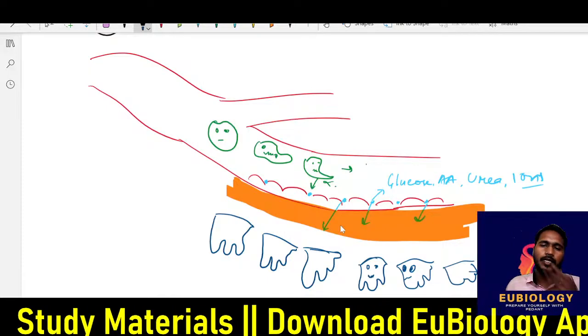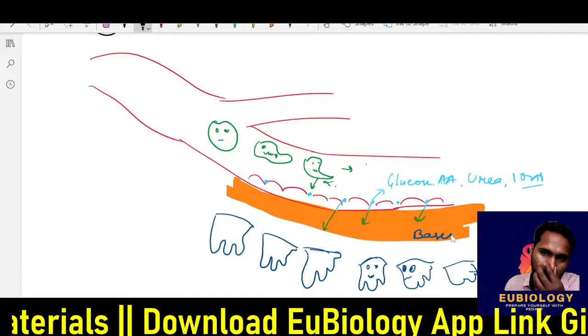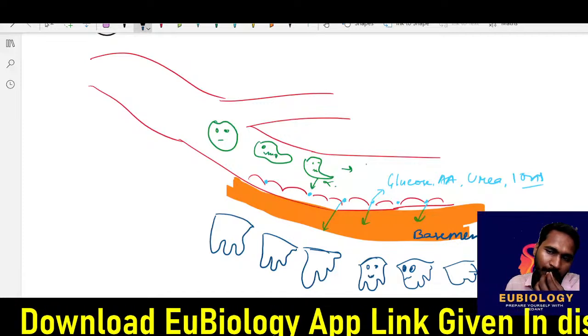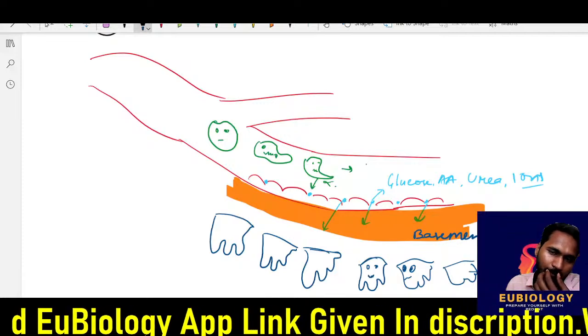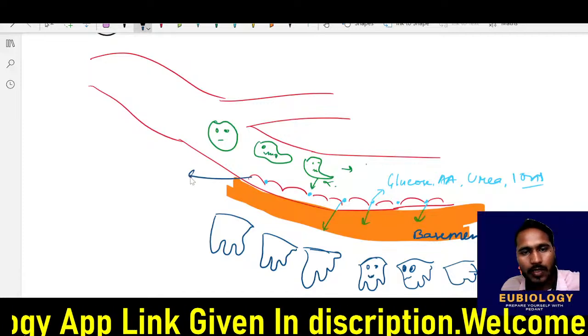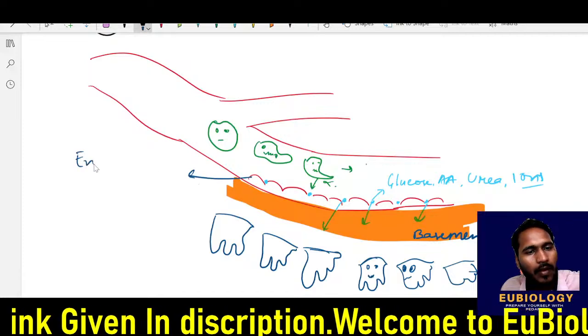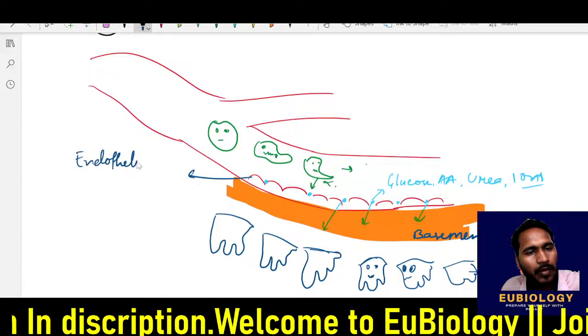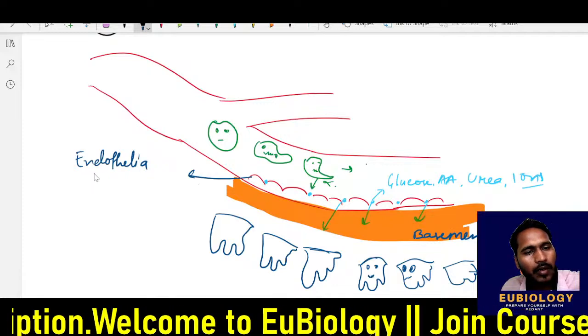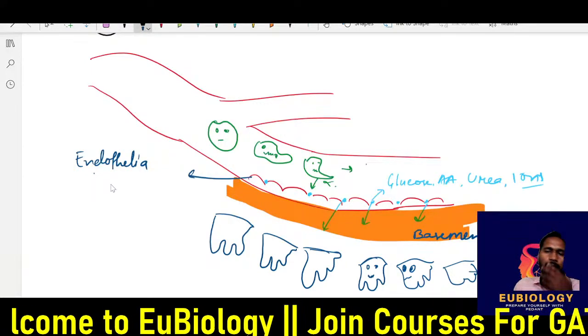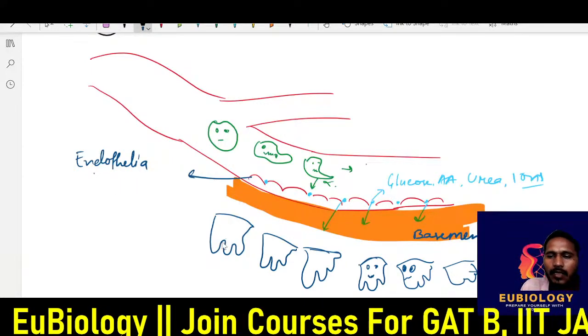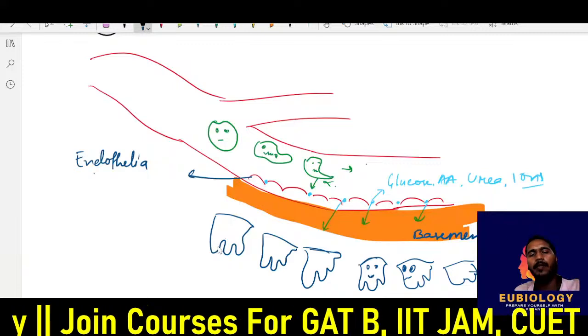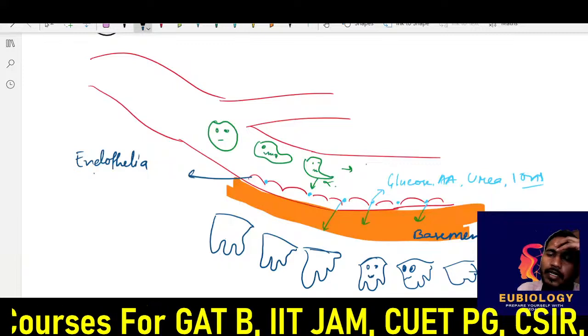This is the basement membrane, and this is your endothelial tissue, the endothelial layer. So the podocyte is the epithelial layer.